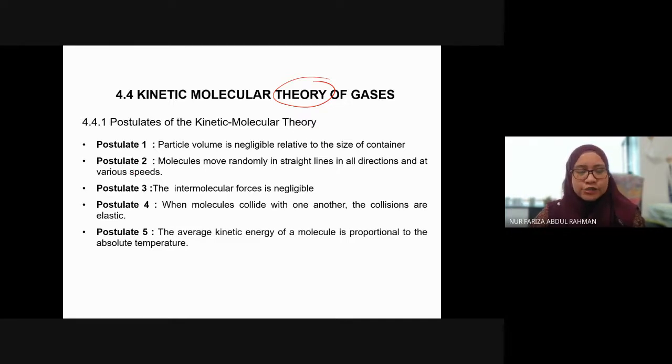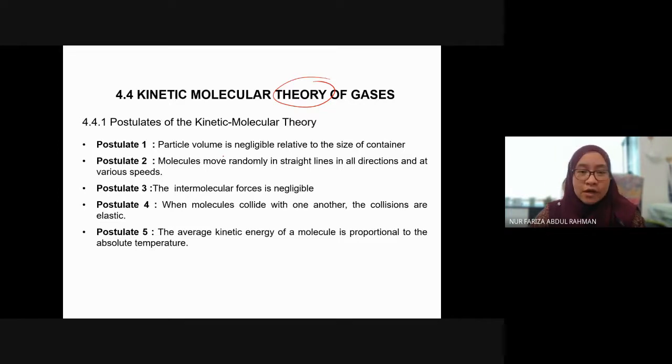Theory number 1, postulate 1: particle volume is negligible relative to the size of the container. So this is already known. We already know this one, because in ideal gas last time, in order to be called an ideal gas, the particle volume is negligible.